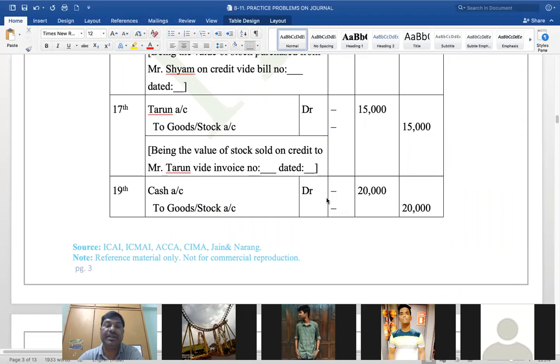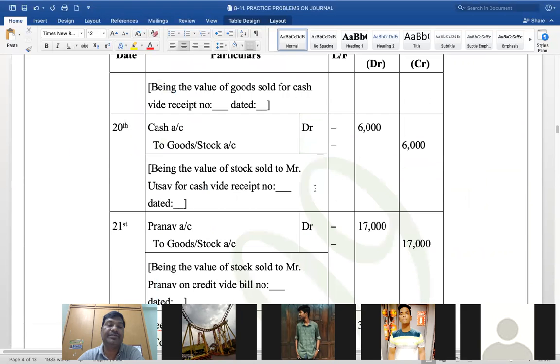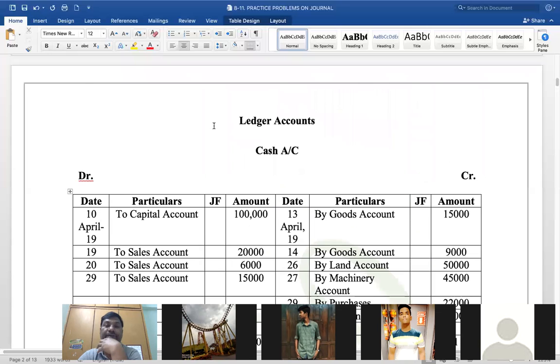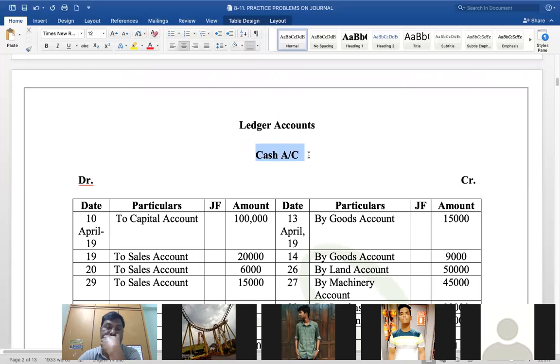20th, cash to goods account. Sorry, there's a sale. Cash account debit to goods account. It is a sale of goods, so I have written here sales account, 6,000.